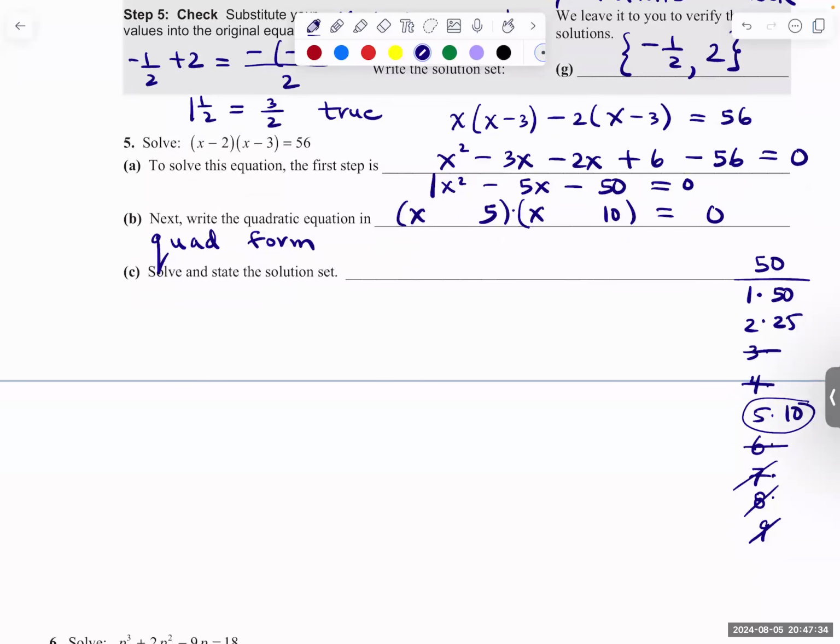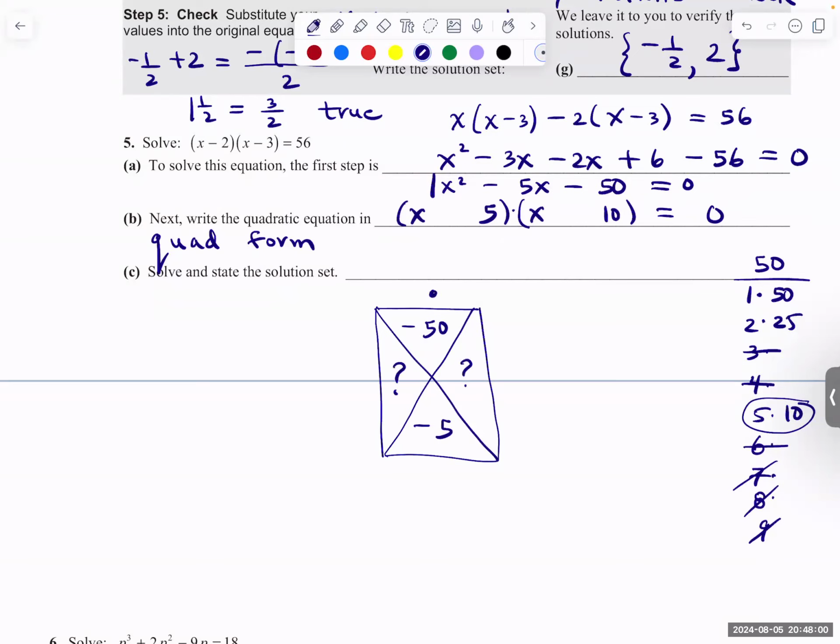Another way to do this is to use what's sometimes called the box method. Some people call it the X box method. So negative 50, put that number in this top triangle, and b is negative 5. And we want to find two integers that multiply to give you negative 50 and add to give you negative 5.